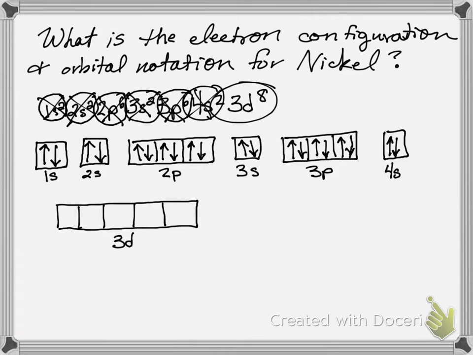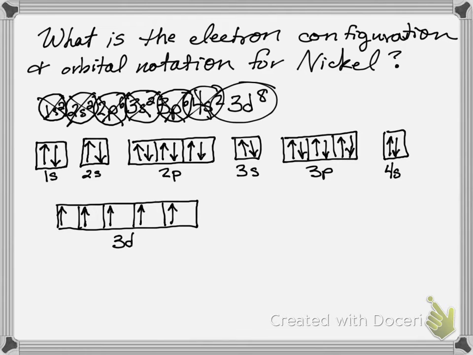Now if you remember, there is a special rule. It is Hund's rule that says you have to put 1 electron into each box, spin up, before it gets a pair. So I am going to put 1 electron into each box, spin up. 1, 2, 3, 4, 5, before we go back and put them spin down.